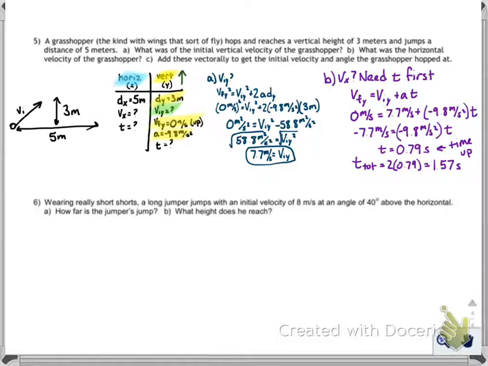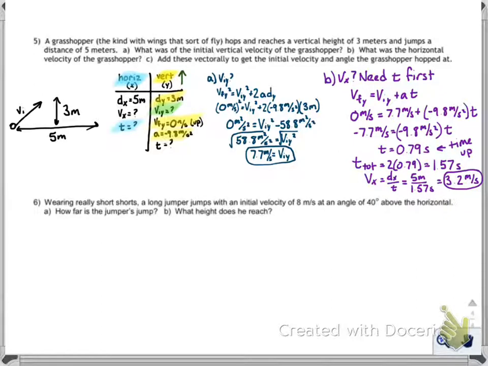So that's step one of part B. I found my time. Now that I know my time, I can go back and solve for my velocity in x. And remember, we only use this one equation for the horizontal, vx equals dx over t. Plug in my values, 5 meters over 1.57 seconds gives me 3.2 meters per second.